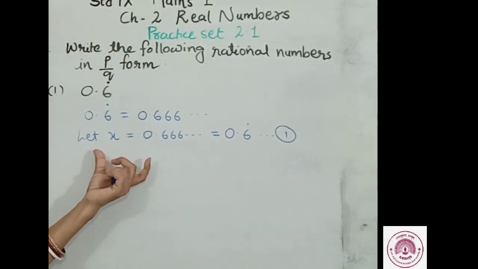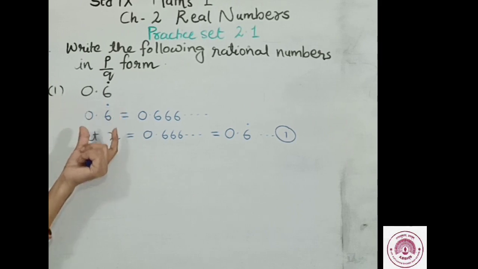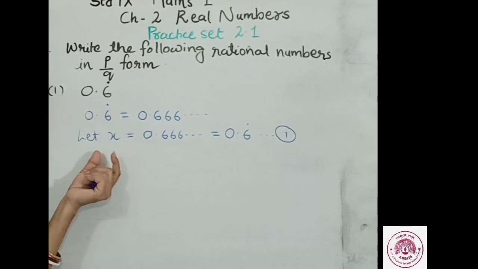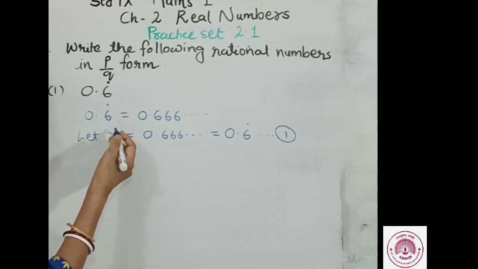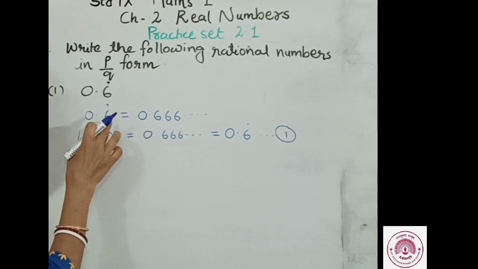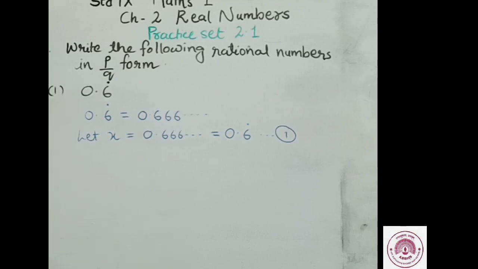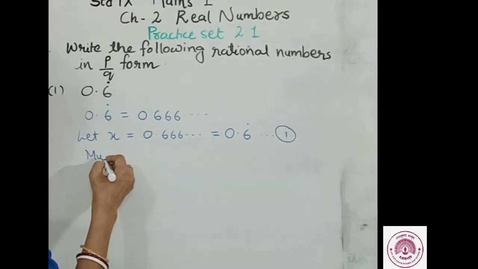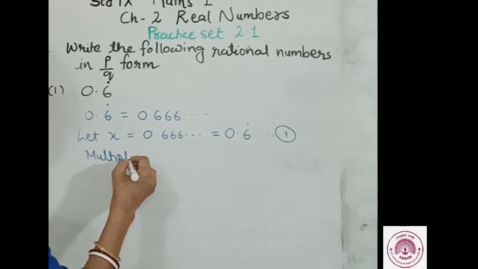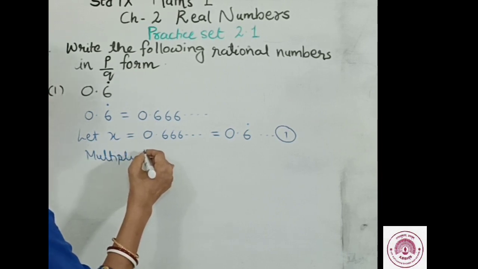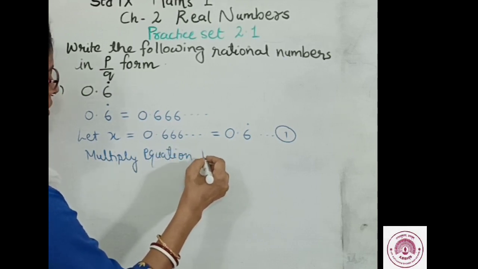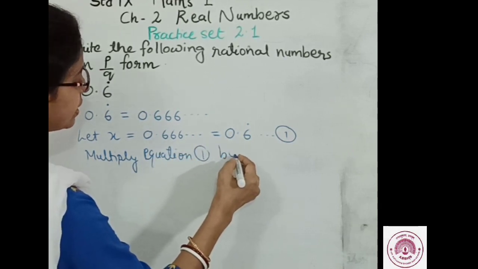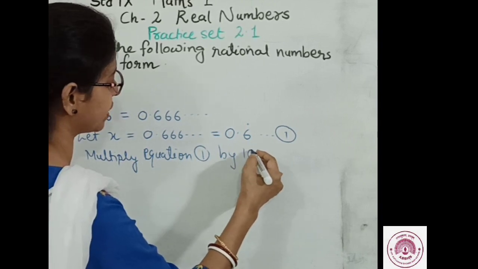So we have taken 0.6 dot as x. Now, as only one digit is repeating, we will multiply this decimal number by 10. So let's multiply equation 1 by 10 on both sides.